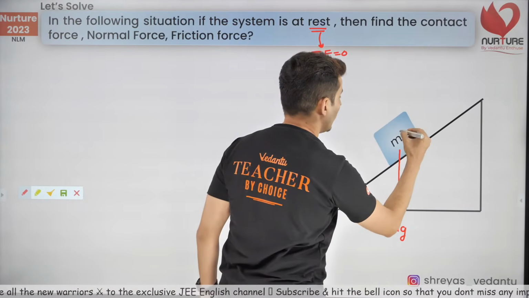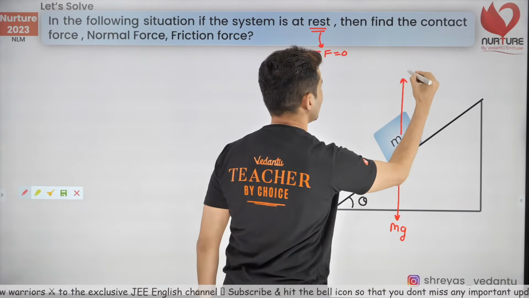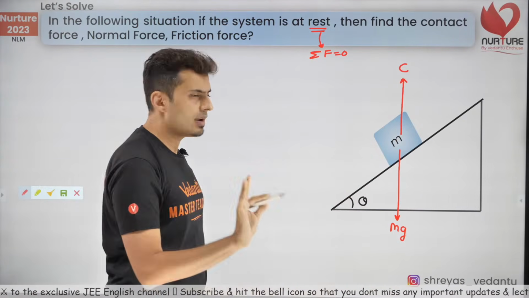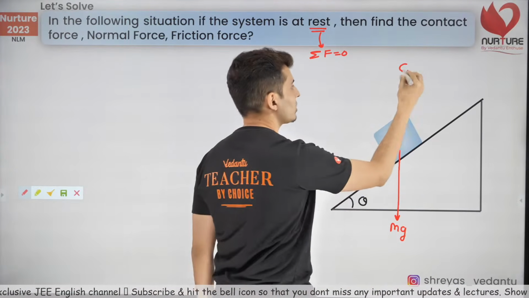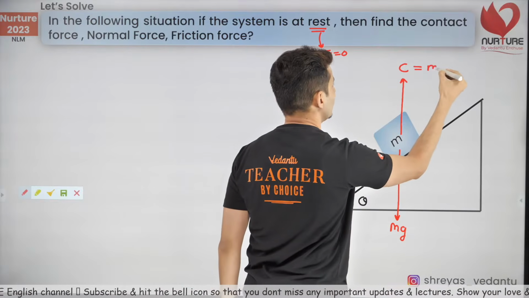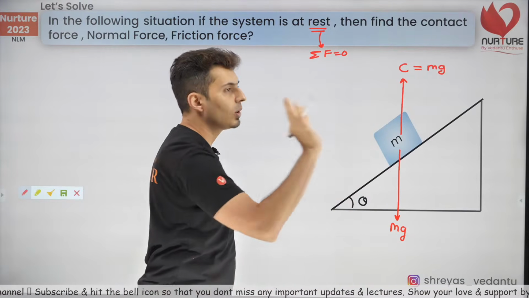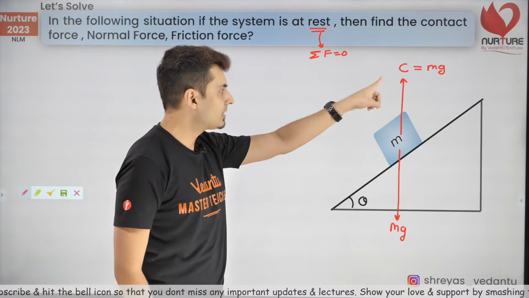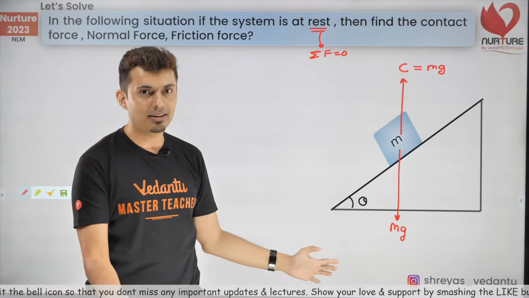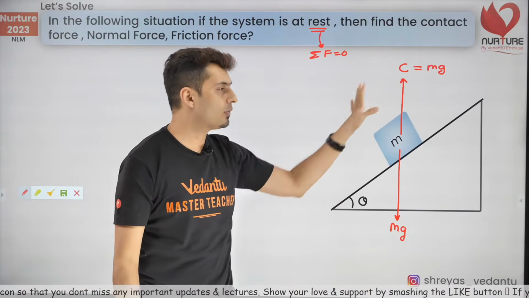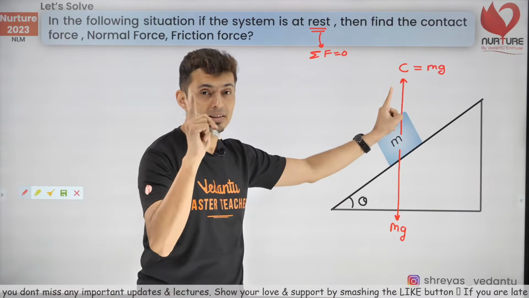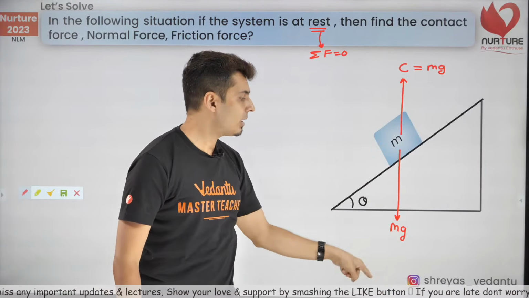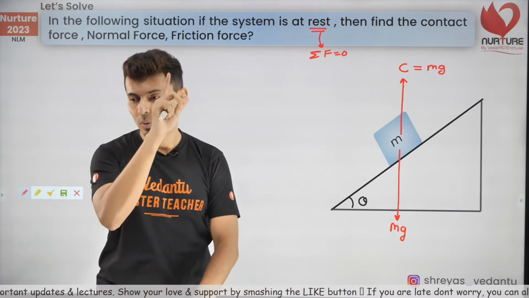That means the contact force must be exactly vertically up and it should be equal to mg. Undoubtedly. It should balance mg. There is no negotiation in that. It's the resultant of friction and normal. I show it as one singular force, contact and mg cancelling out each other in the vertical direction.